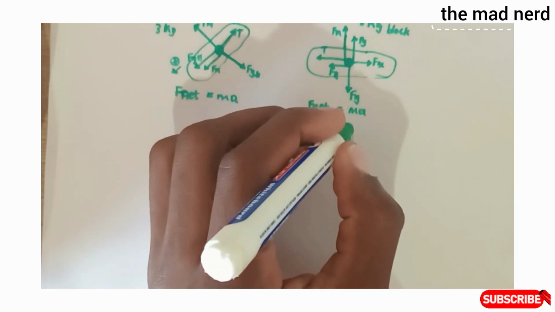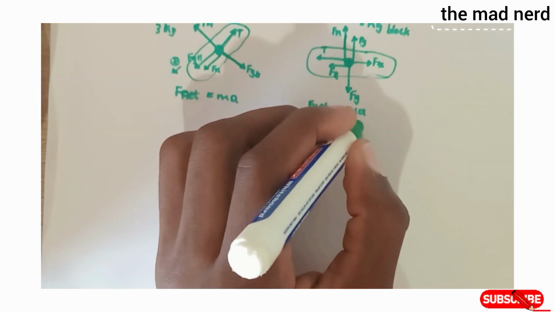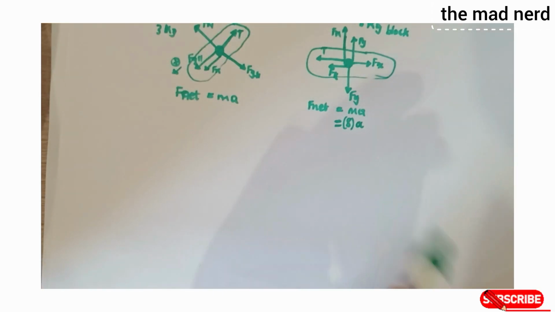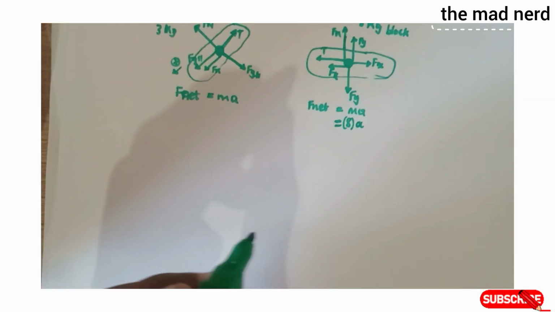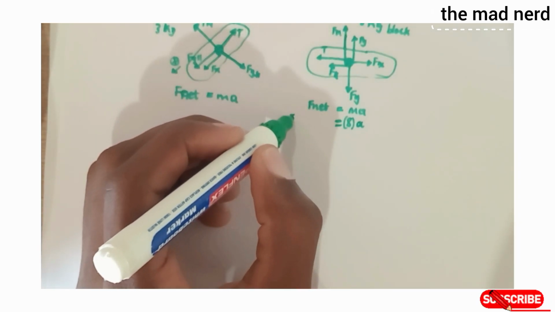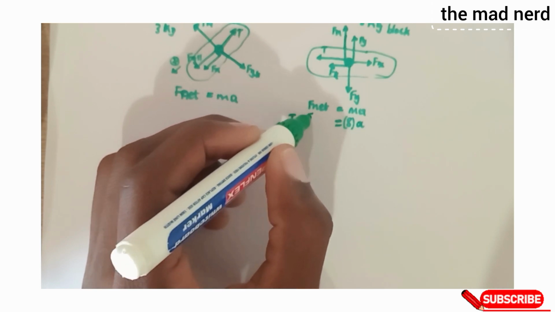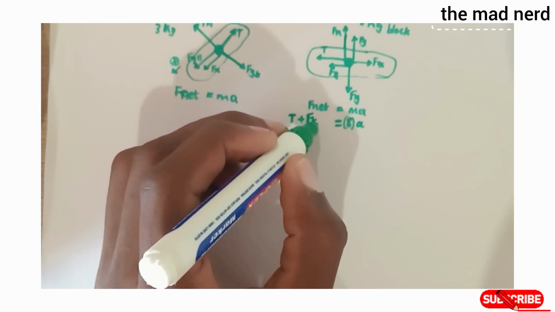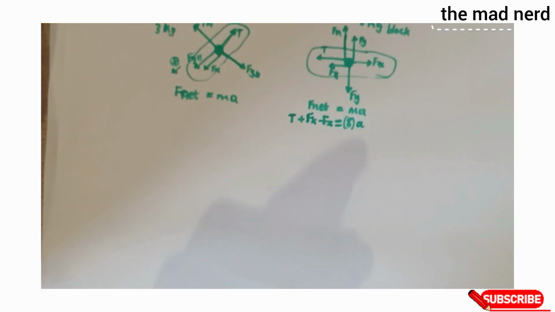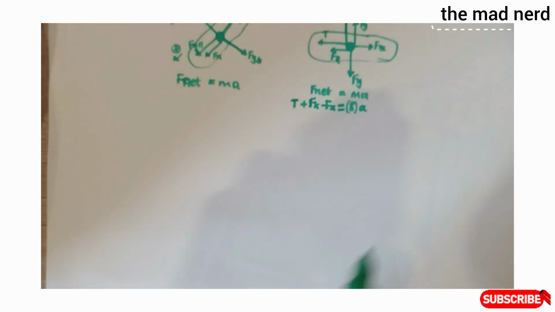So for the 8 kg block I have 8 multiplied by A, that is the acceleration. And what is F net for this 8 kg block? It's a positive T, that is the tension, with a positive Fk, but with a negative Fx. And that's it for the 8 kg block.